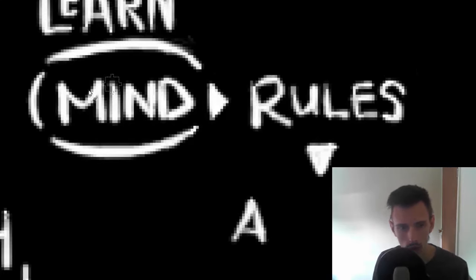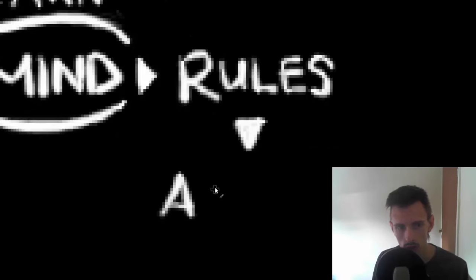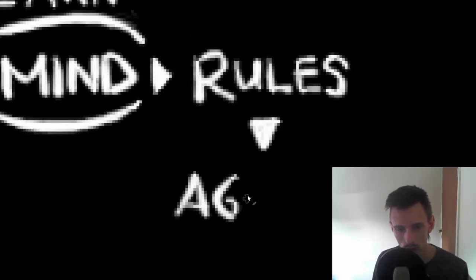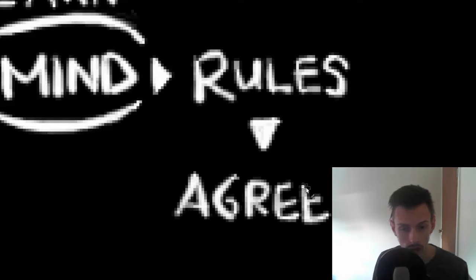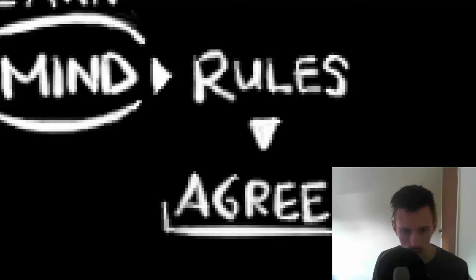So agreement can only come from the mind, which means you have to develop it first in order to agree, and everyone who is a zombie is not going to be able to have this ability to agree on things. That's a big deal. That is a big deal.